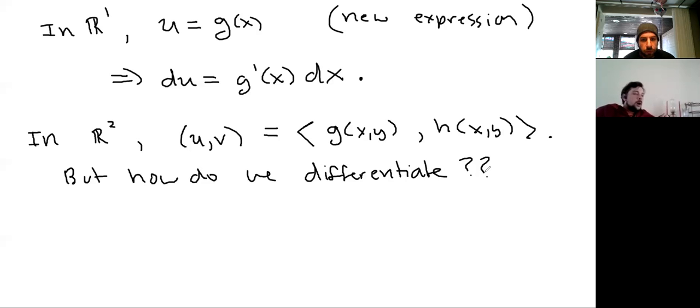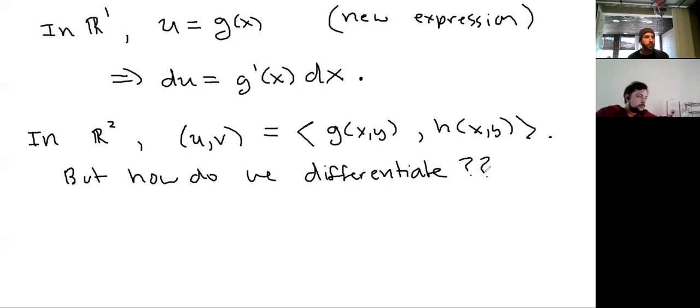So let's think about it. We have two functions, g and h, and each one of those is going to have a partial. So even from the beginning, that means I'm going to have 4 partial derivatives. So we have 4 things that we think might be useful. What's the best way to align 4 things? Well, I don't know if it's the best way, but what have we done in the past when we've had more than 2 or 3 objects?